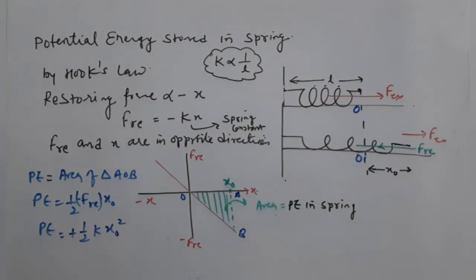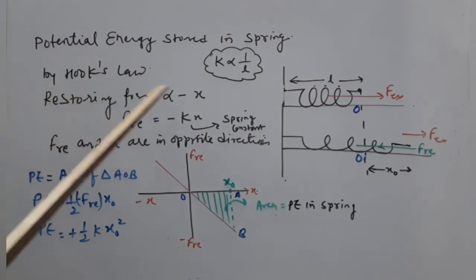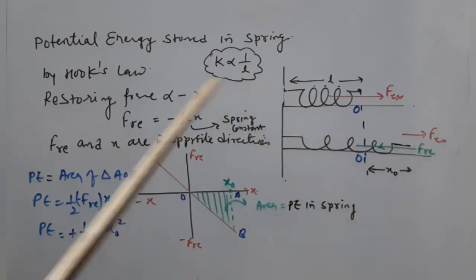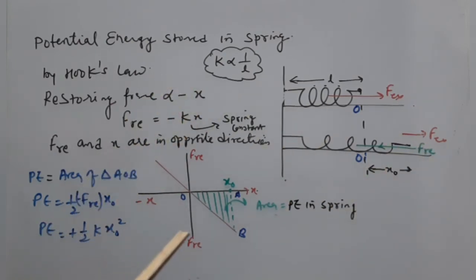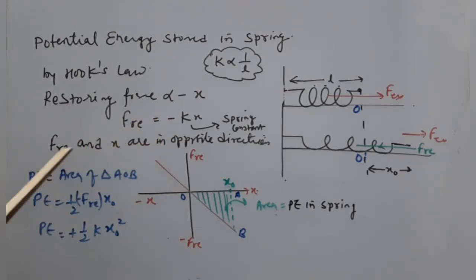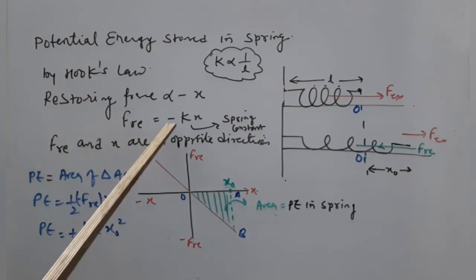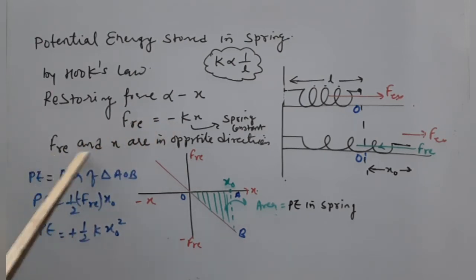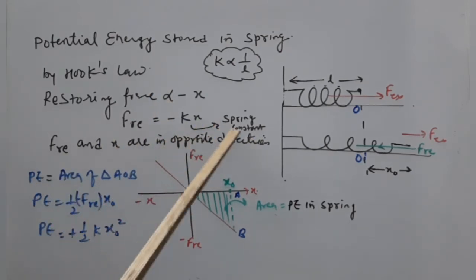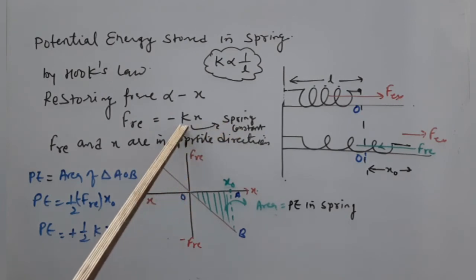Before we go through this, there is a law related with restoring force and extension, that is Hooke's law. According to Hooke's law, within elastic limit, restoring force Fre is directly proportional to the negative of extension. The negative sign is placed because restoring force and extension are in opposite directions. Here K is the spring constant, also called force constant.